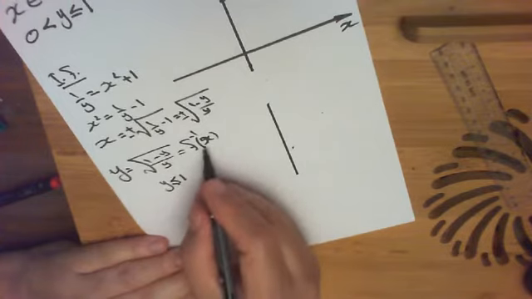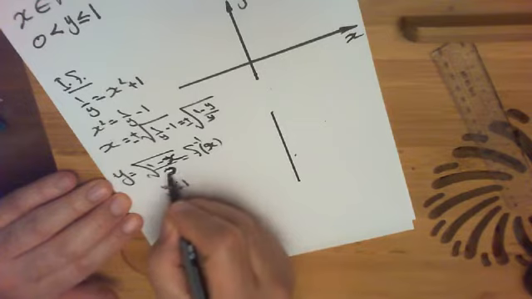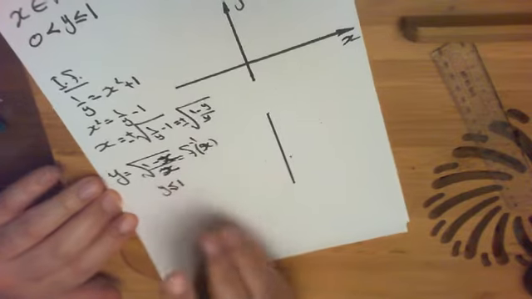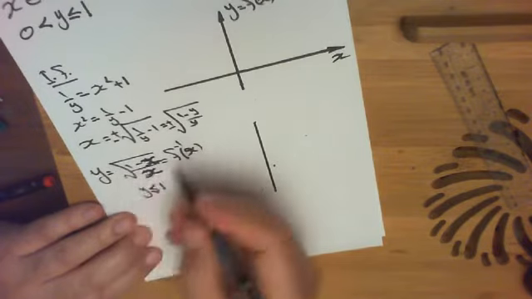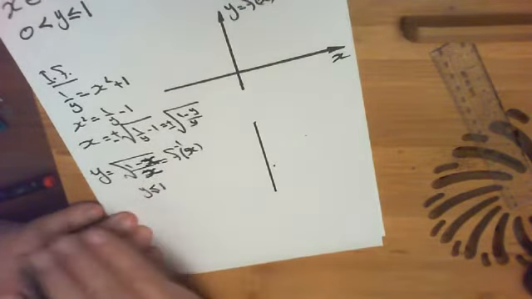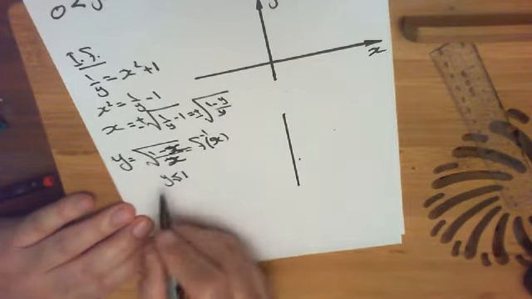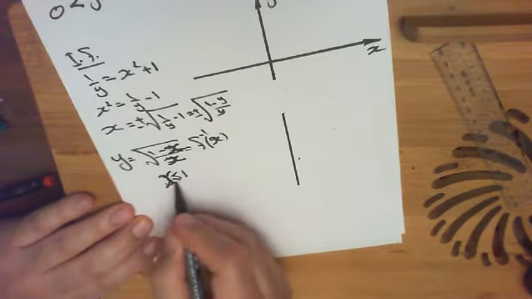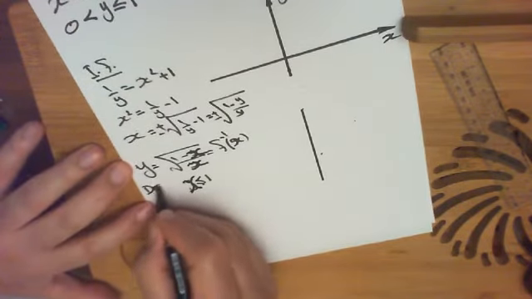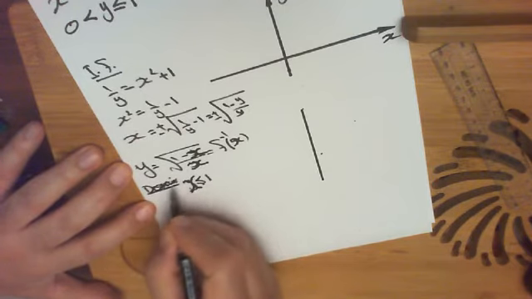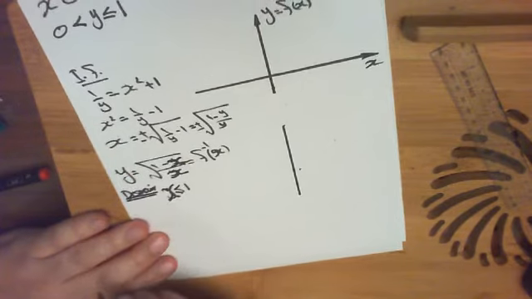As I told you, we just write x instead of y and y instead of x. So our inverse function is in this form. So x can never be more than 1. This is the domain. x can never be more than 1, but less than or equal to 1.